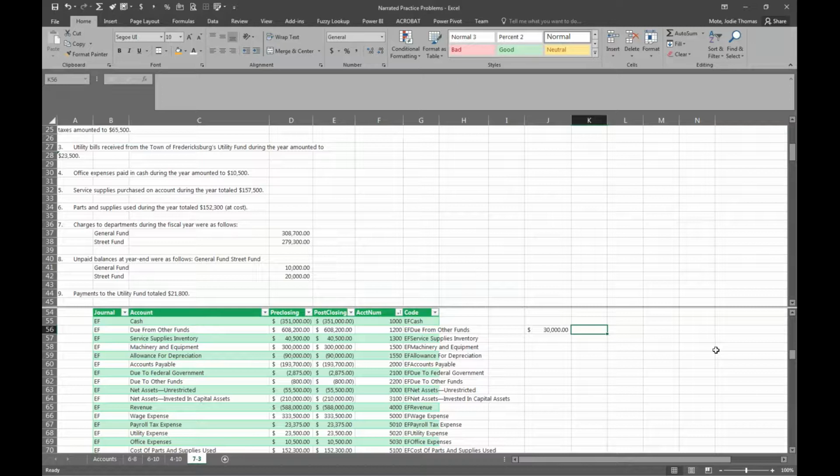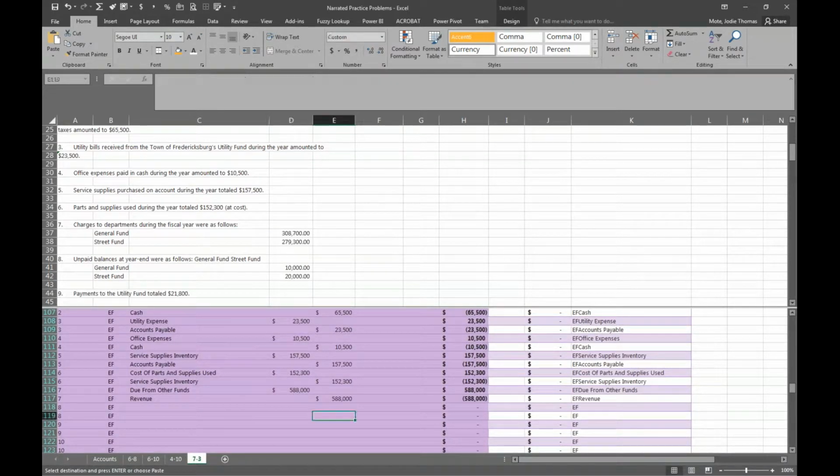Okay. So let's take our balance on our GL and subtract it from the balance we're trying to get to, which is 30,000, and it gives us a $578,200 credit to accounts receivable, or due from other funds. Let's take that down here.